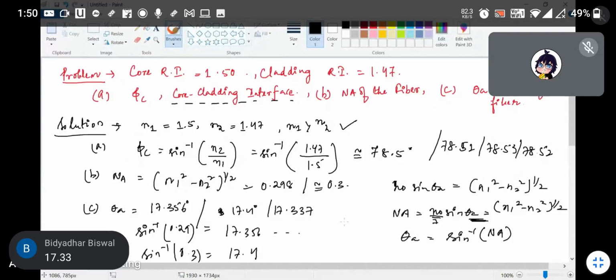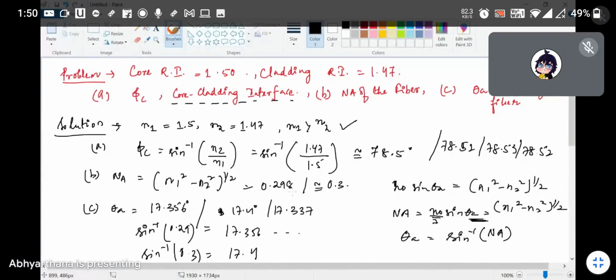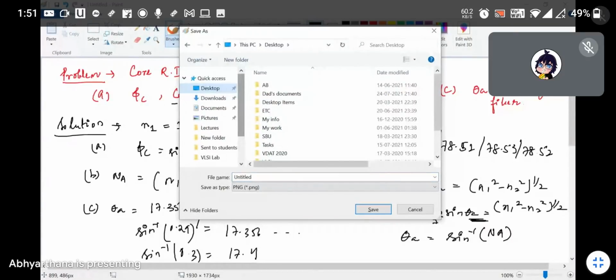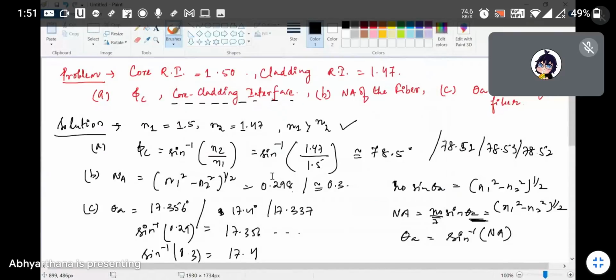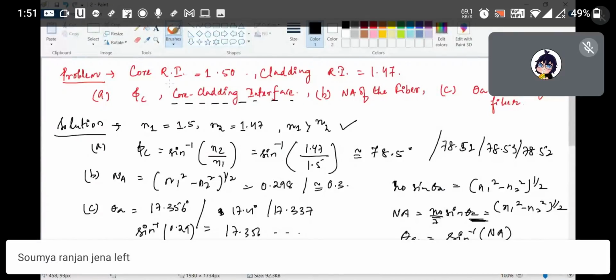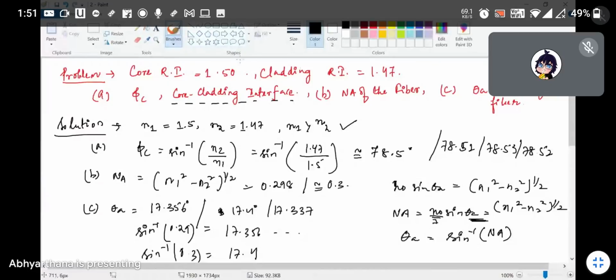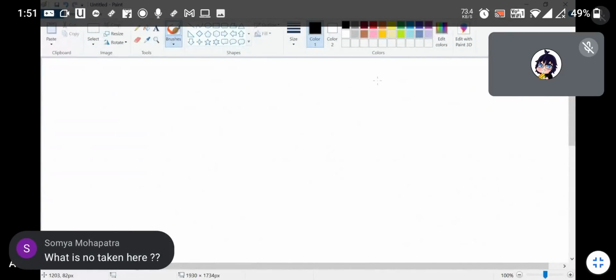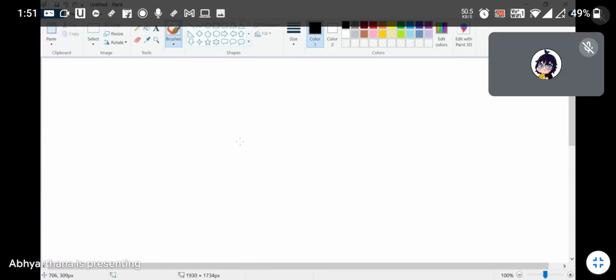So in both cases it is correct. Okay, so this was your first problem. Then we have another problem here. We'll solve this problem and then take a little break.